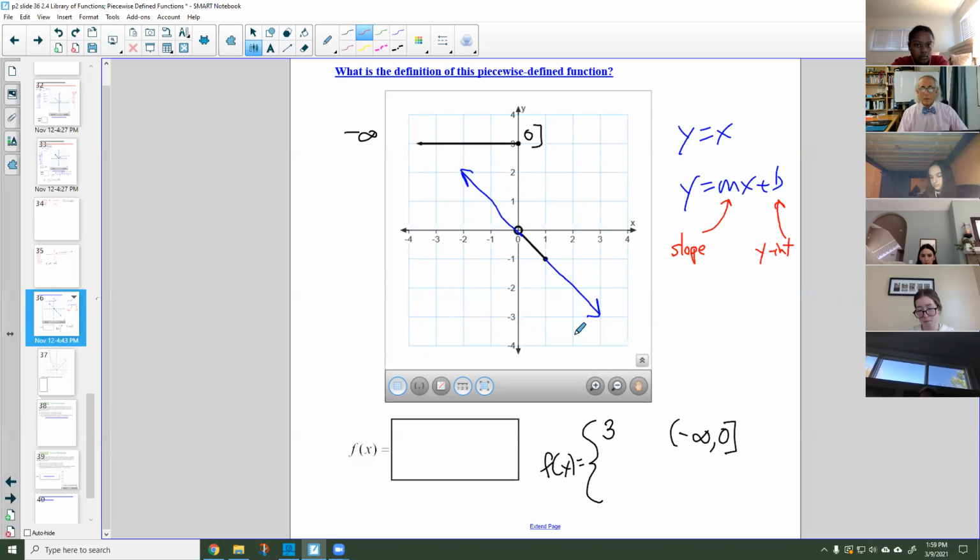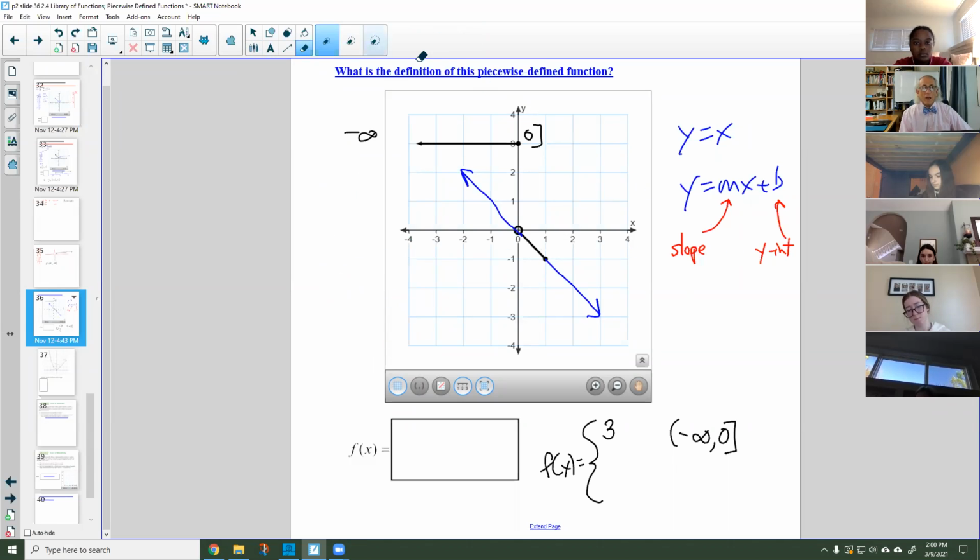Well, let me ask you a question here. Is it a positive slope or a negative slope? Negative. It is a negative slope, right? Positive slope is going up the hill, negative slope is going down the hill. Are you okay with that? Yeah. Okay, so I got a negative slope.